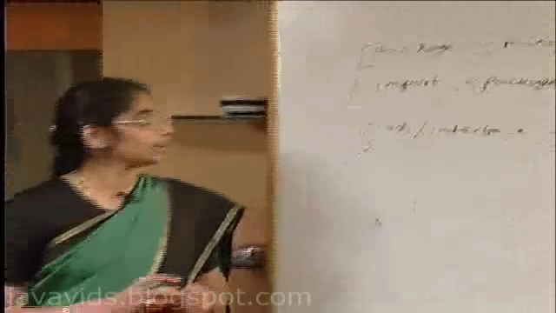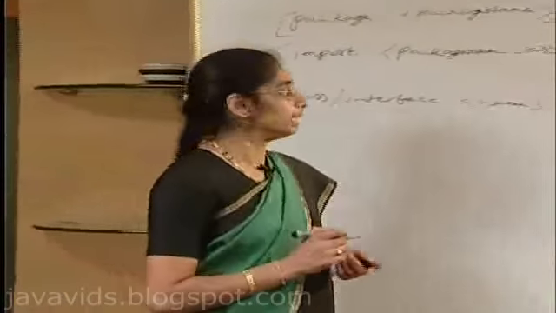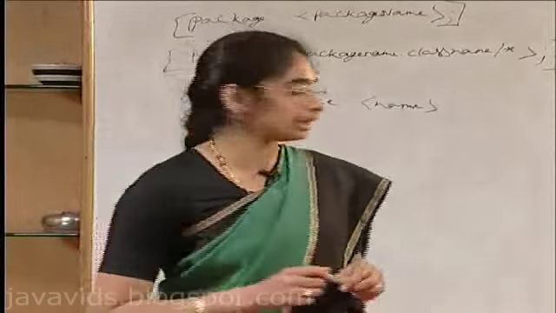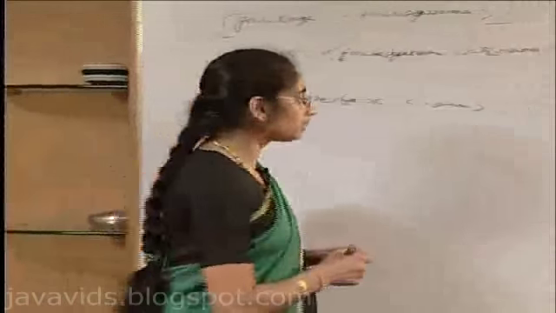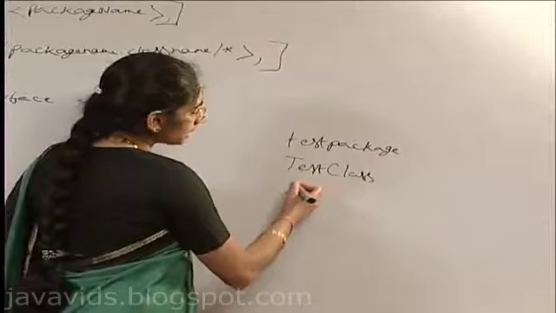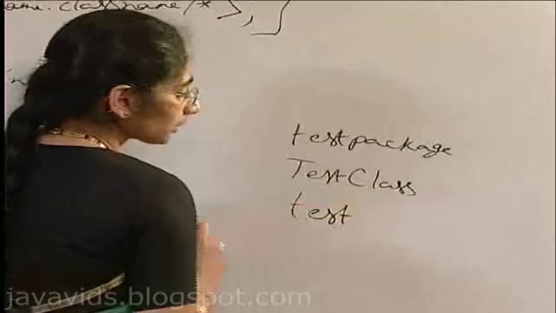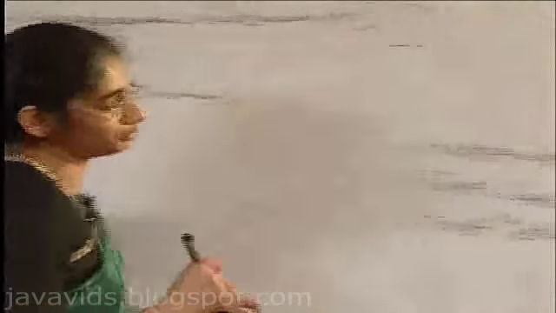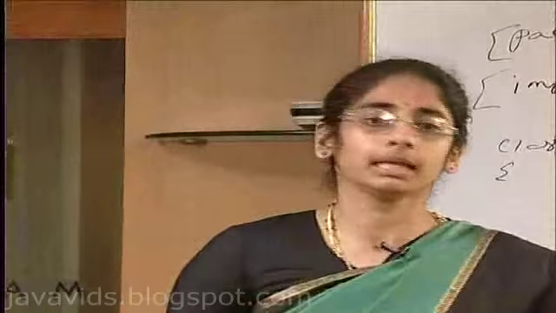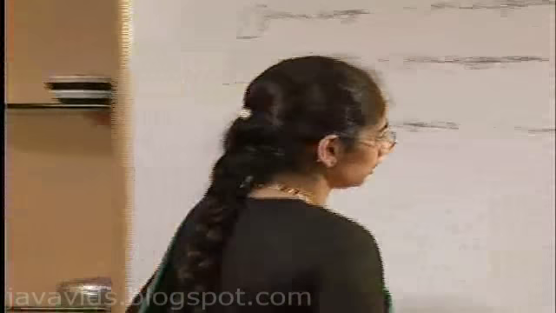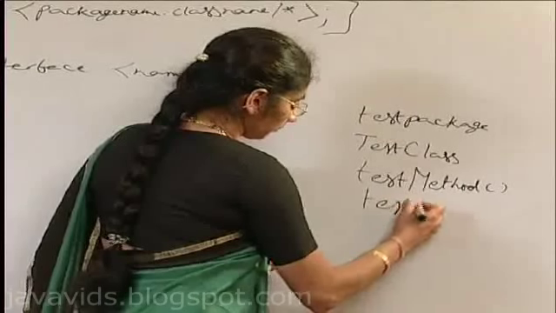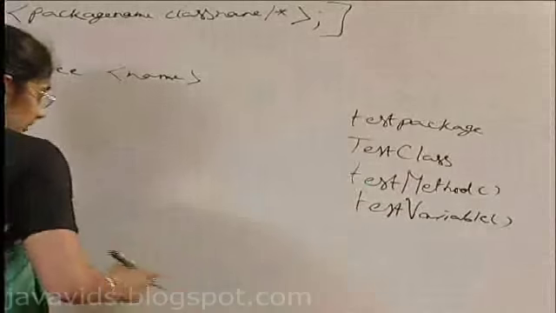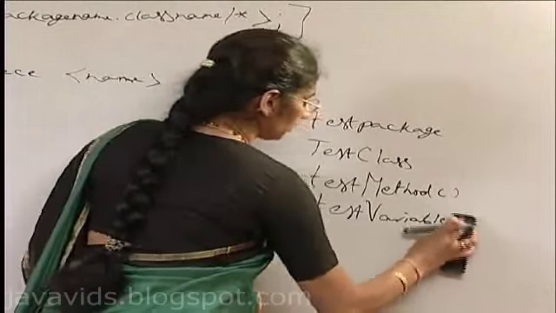Method names must begin with lowercase, and the first letter of every word after that should be uppercase. Remember, we are beginning with lowercase. So testMethod is the name of the method. T of test is lowercase, but M of Method is uppercase. Then variable names also follow the same rules, so testVariable is written likewise.